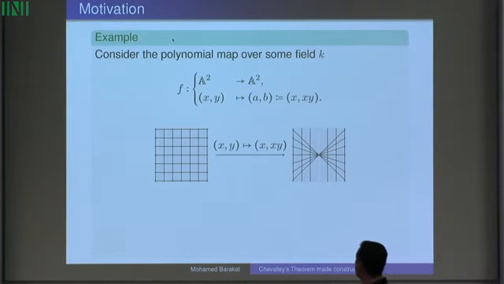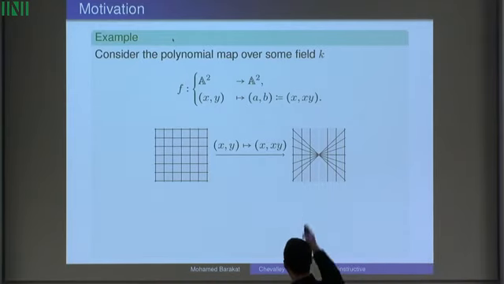What you quickly see, because of the second component of the map, is that the horizontal lines of the grid are tilted through the origin, all of them. And the vertical lines are just rescaled in place. Only something interesting happens at the origin, where this b axis is shrunk to 0 because of this x here.